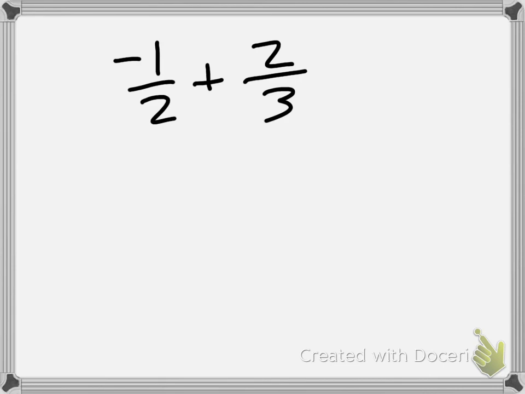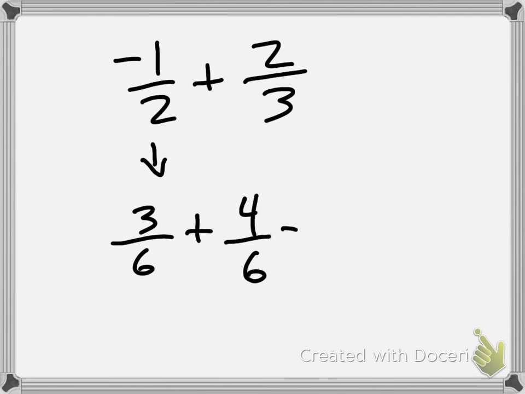But if you're comfortable with our rules for adding and subtracting integers, you're going to do just fine with this. The only difference is that we also have to include our rules for adding fractions. So let's think about that. I probably want common denominators. I'm going to convert this to negative 3/6 plus 4/6 and make sure that I still have my negative sign on the number that's equal to 1/2.